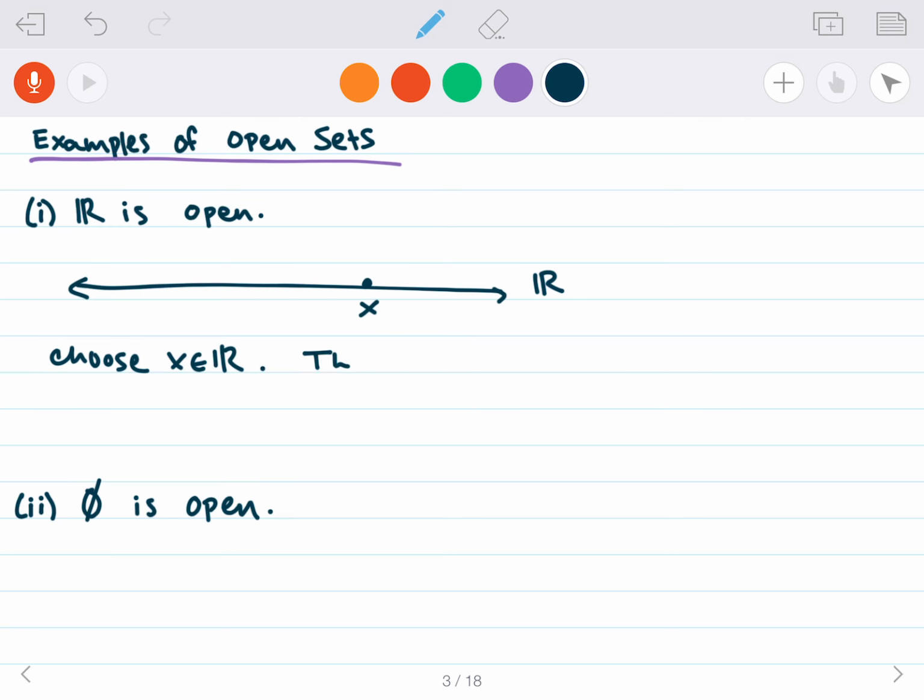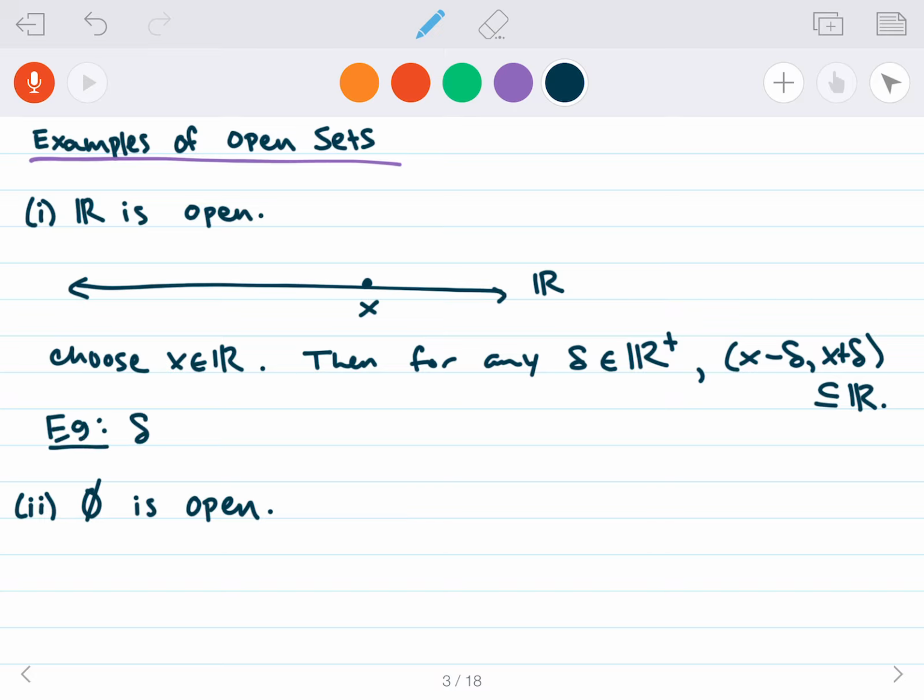So for any delta in the positive real numbers, the neighborhood x minus delta, x plus delta is completely contained in the real numbers. To be explicit, we can choose delta as anything.